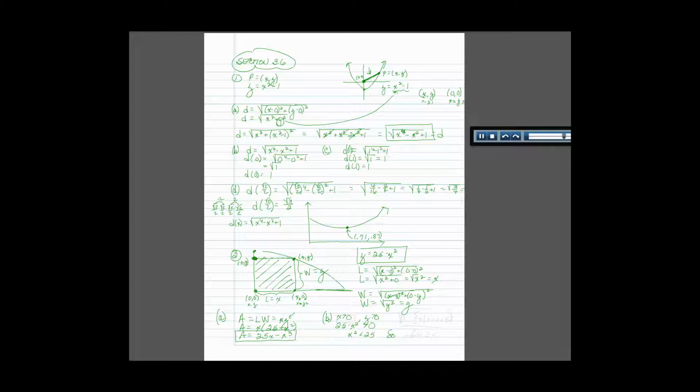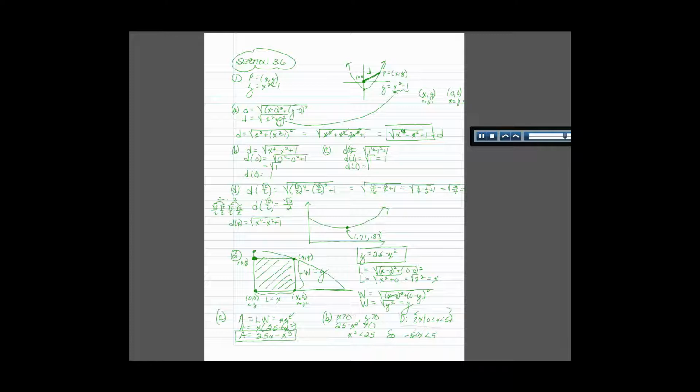So if you take the square root, x has to be between negative 5 and 5. So when we show the domain, we would write it like this: the set of all x such that x is between 0 and 5.